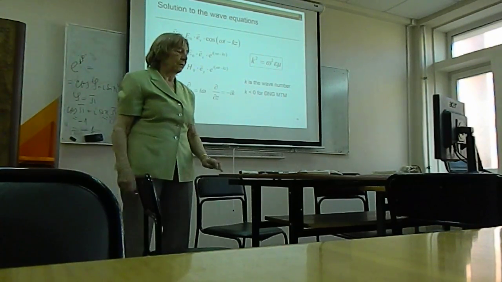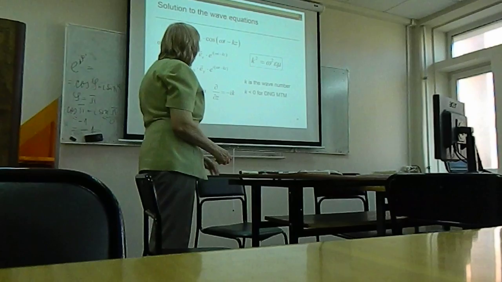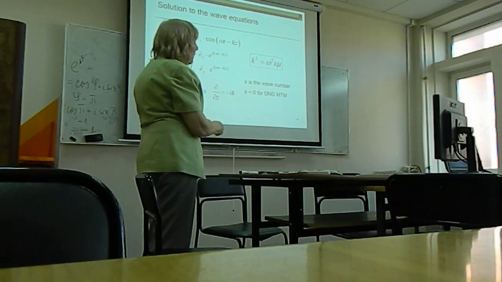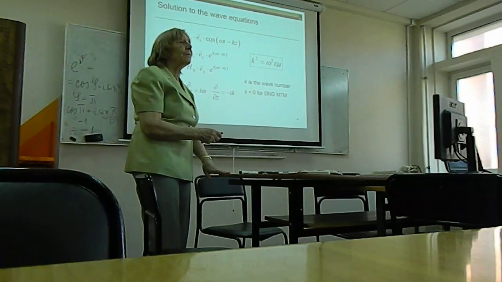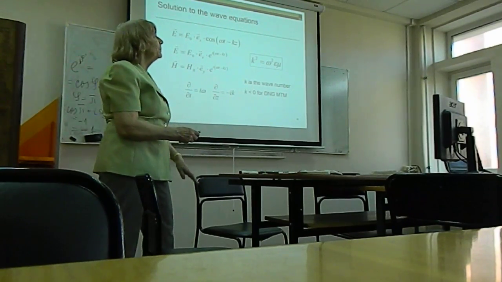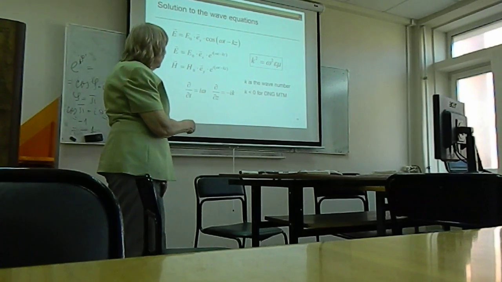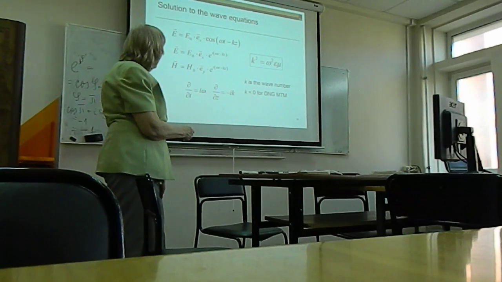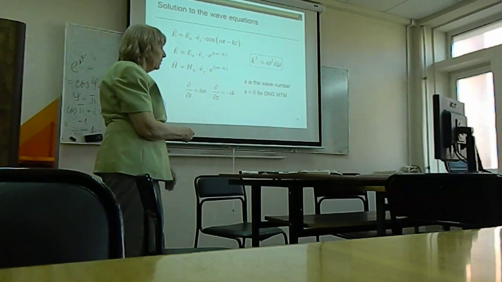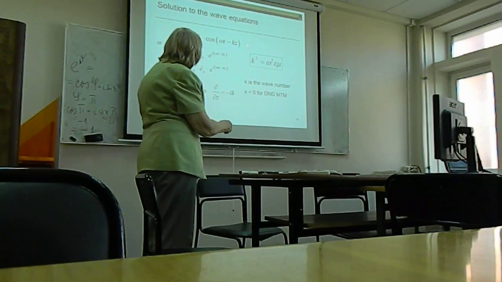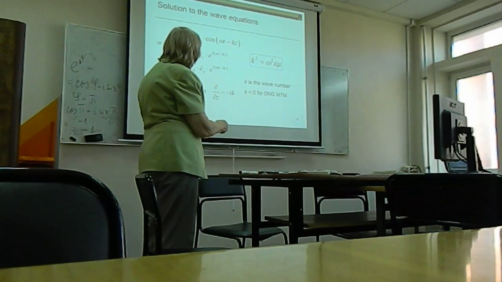And the solution to the wave equation can be written in such a way. It is easy to substitute this solution into the wave equation, and you can see this kind of solution corresponds to the wave equation.